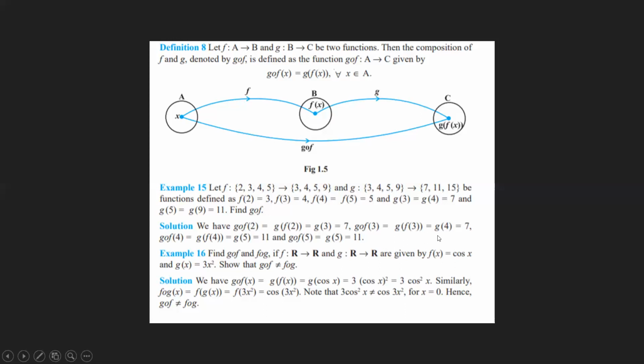So it will be G of 4. So G of 4 is 7. Let's see for 4. GOF for 4 is G of F4, F4 is 5. So we have to find G5. G5 is 11. So our answer is 11. And GOF 5 means G of F5. F5 we had already seen, it's 9. And G9 we know it's 11. So the answer is again 11.